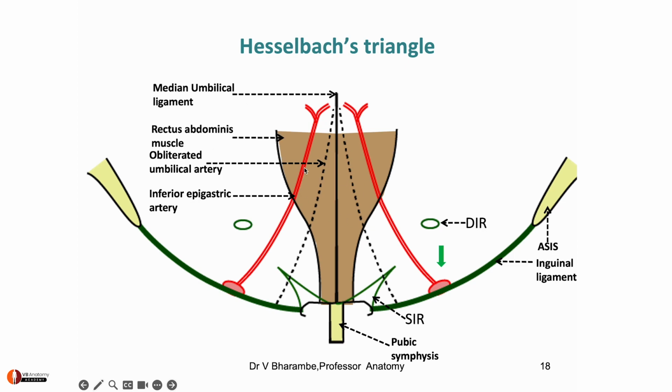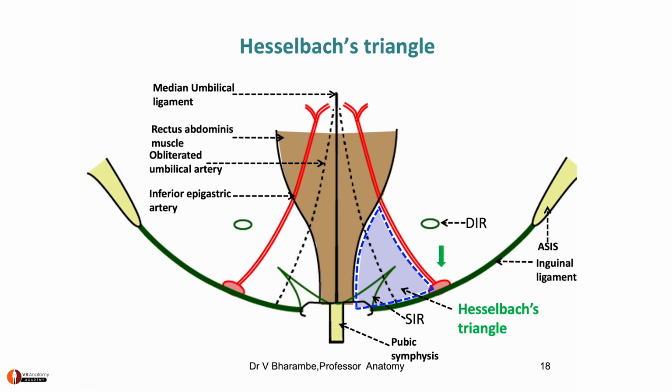Because of the presence of this rectus abdominis, a triangular region is now cut out here, bound laterally by the inferior epigastric artery, medially by the lateral border of rectus abdominis, and inferiorly by the inguinal ligament. This triangular region is called Hesselbach's triangle.